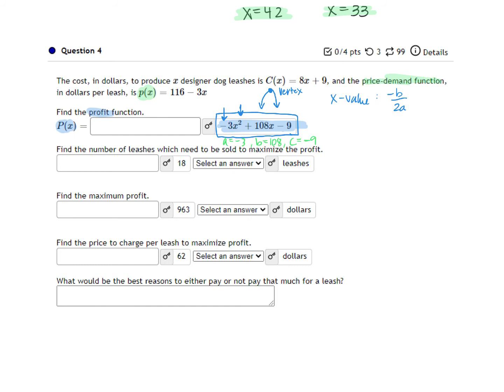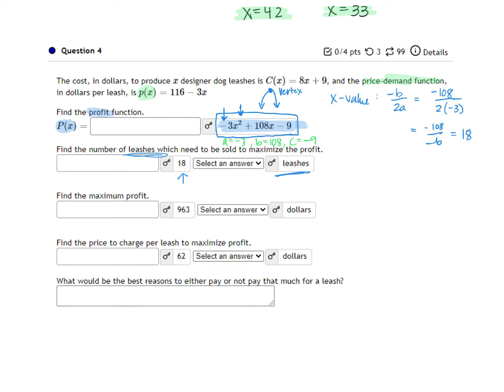So if we plug that in, we will have negative 108 over 2 times negative 3. That's negative 108 over negative 6, and negative 108 divided by negative 6 is positive 18. So that's where we get this 18 from. The number of leashes which need to be sold is 18 leashes.